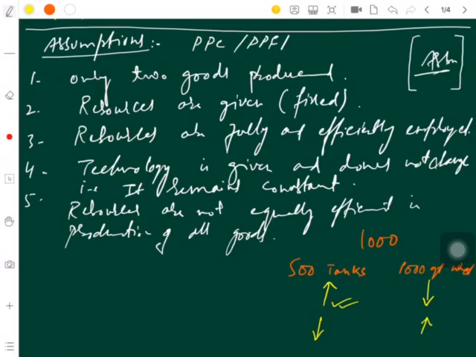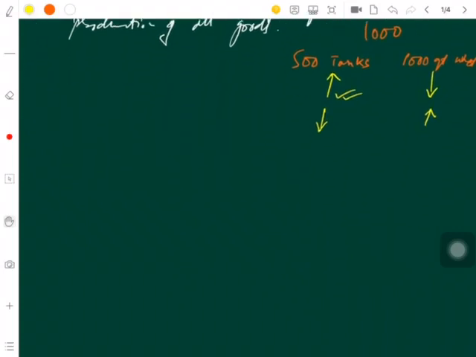So what does it lead us to is, now we can take technically what this production possibility curve or frontier looks like. But before that, we will talk of features of production possibility curve or frontier. What are its features?